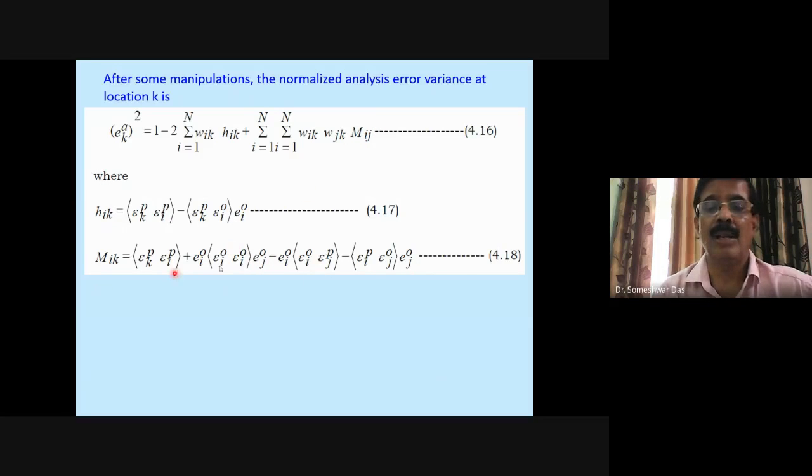Long expressions indicating the error covariance matrices between the errors at point I and point K.